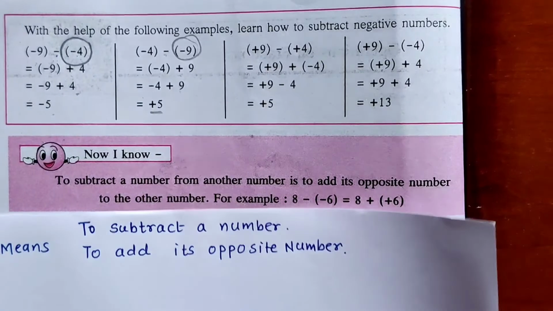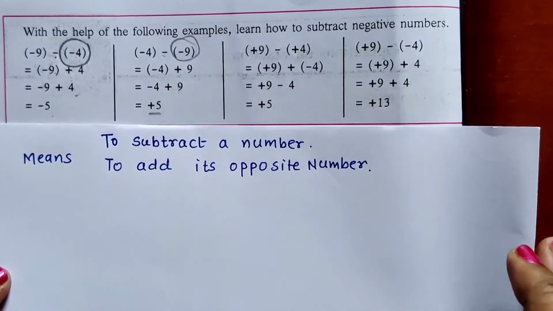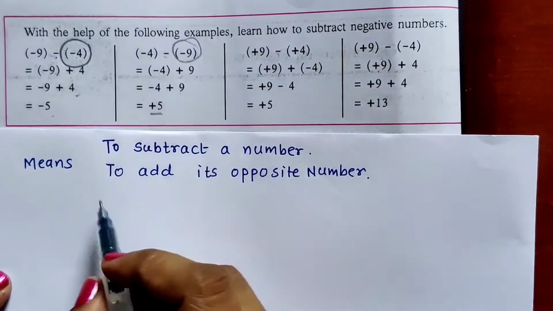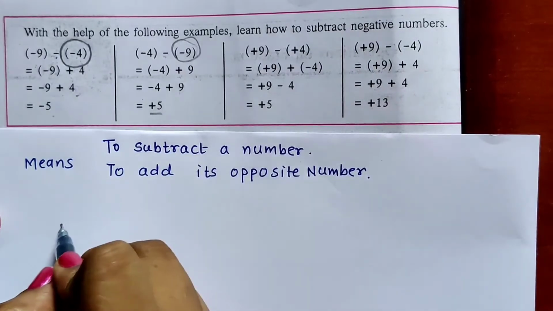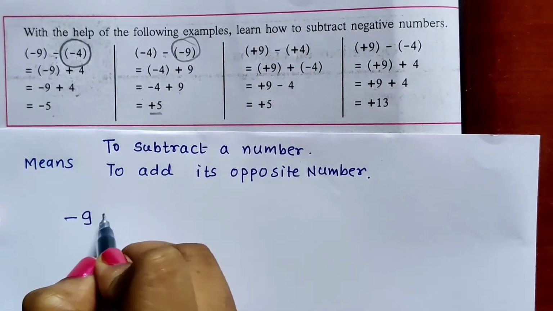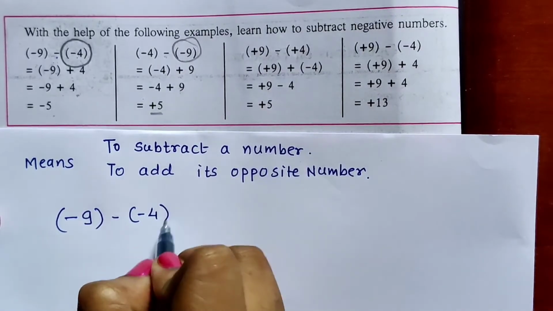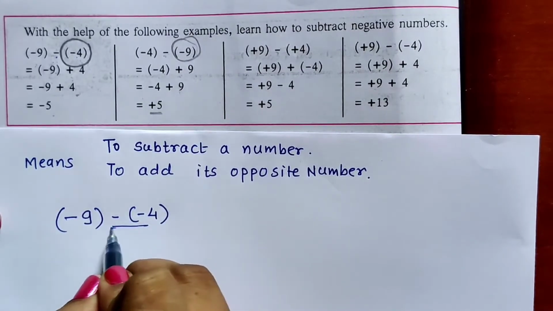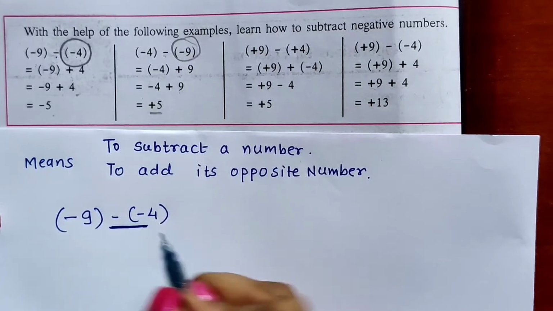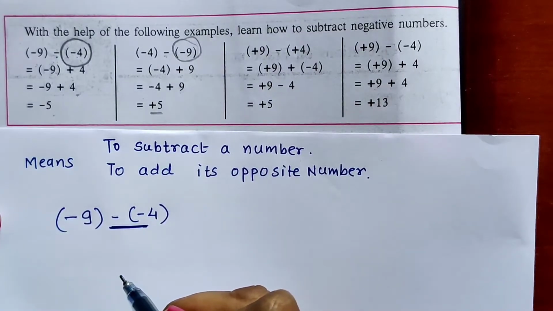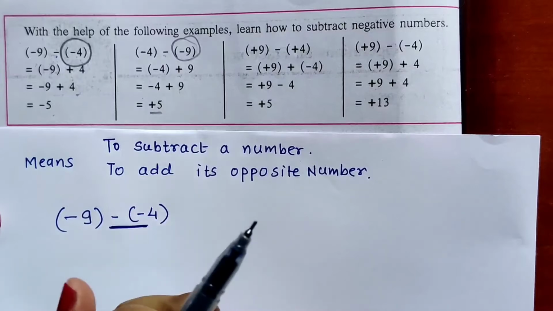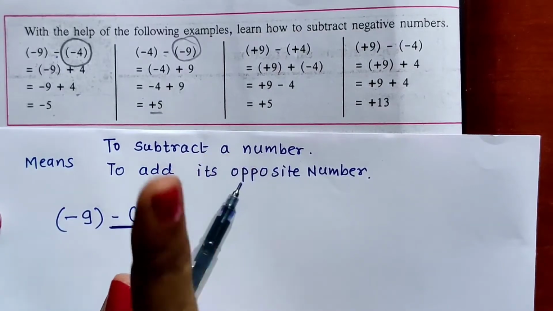So for this first example, minus 9 minus (minus 4), what I will suggest to you all: when two signs are together, we will combine them and make one single sign.